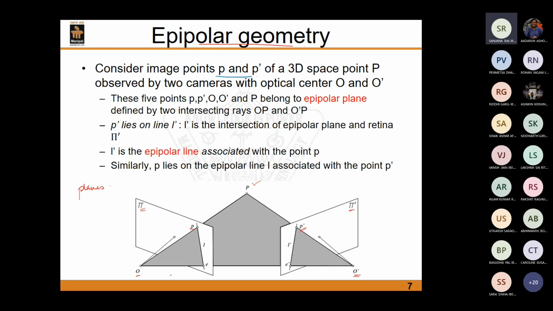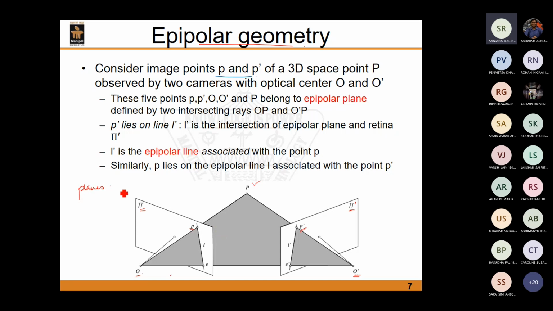So now you have this image plane here and the epipolar plane over here. That means the image plane pi and the epipolar plane will intersect.